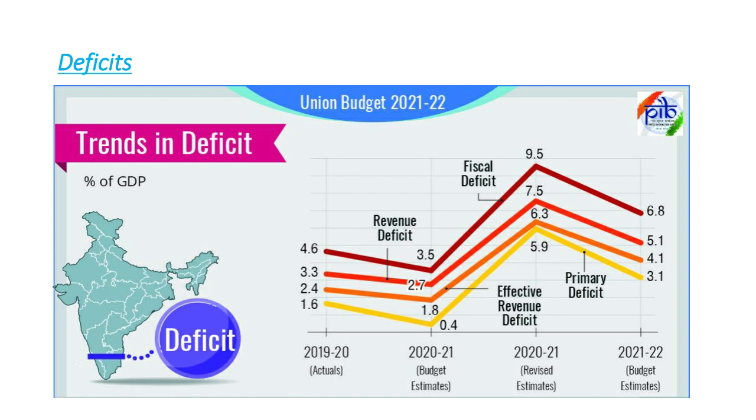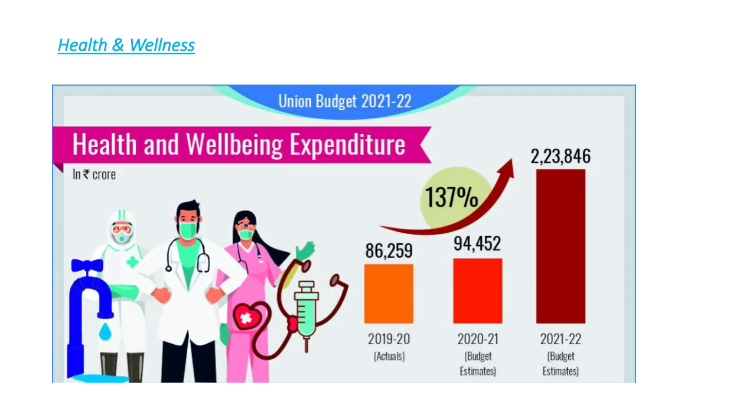So the next one is health and wellness. This is the last infographic slide, and health and well-being expenditure increases in the budget estimates by about 137% from the previous budget estimate.